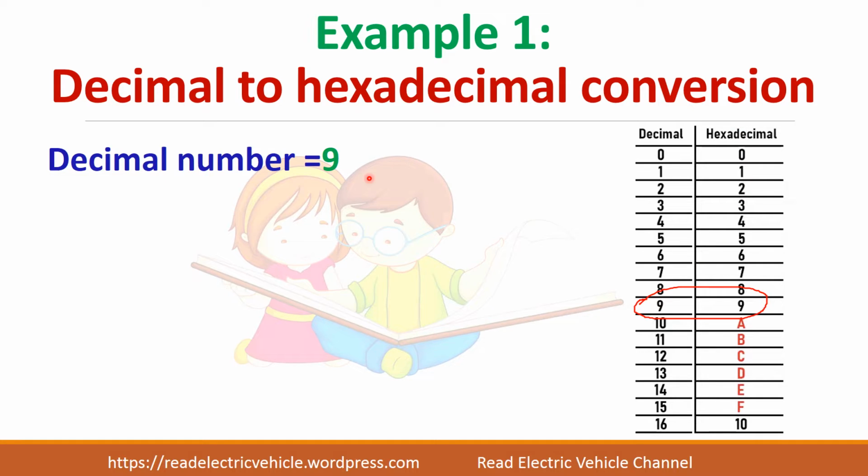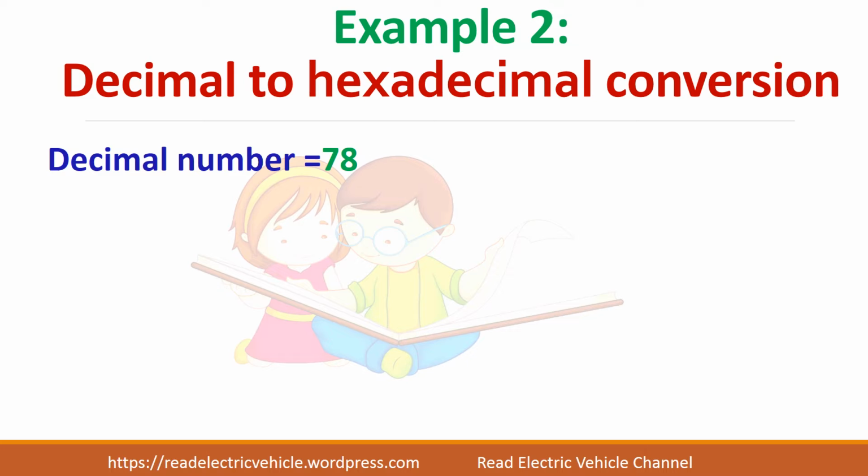So for 9, in hexadecimal, it is again 9. Only after 9 we have A, B, C, D, E, F. So whatever number is given in decimal up to 9, the hexadecimal equivalent is equal to the decimal number.